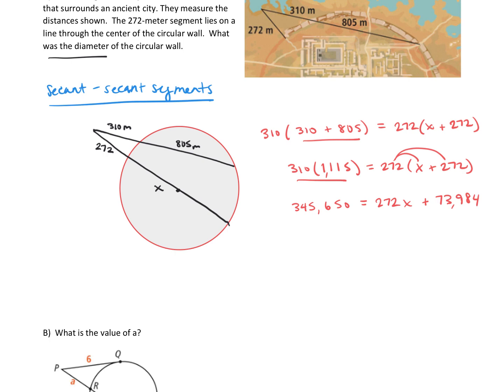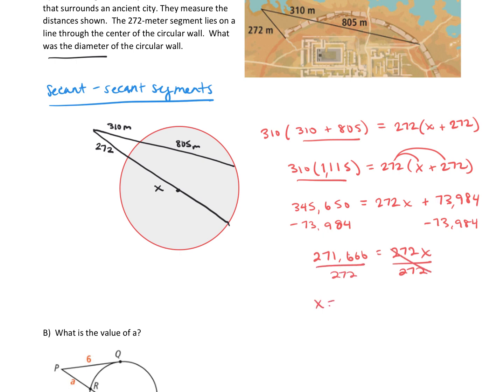All right, so solving for x, we're going to subtract 73,984 from both sides. Let's see, that's going to give us 271,666 equals 272x. And then our last step is just to divide both sides by 272.